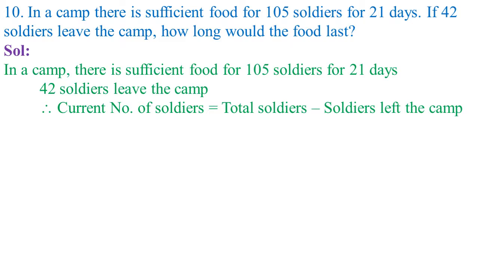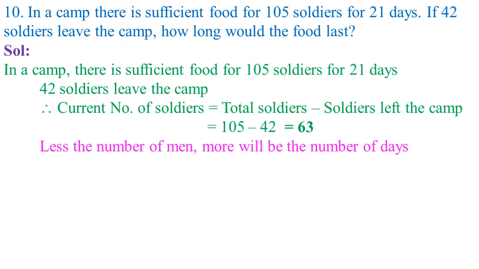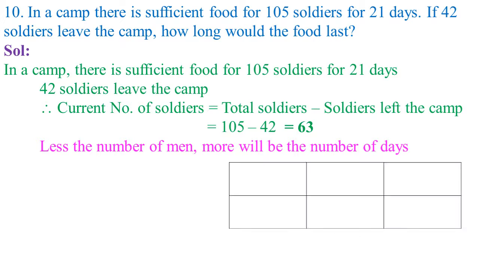So, current number of soldiers equals total number of soldiers minus soldiers who left the camp. 105 minus 42, so the current number of soldiers is 63. Fewer men, more days. So it is in inverse proportion.